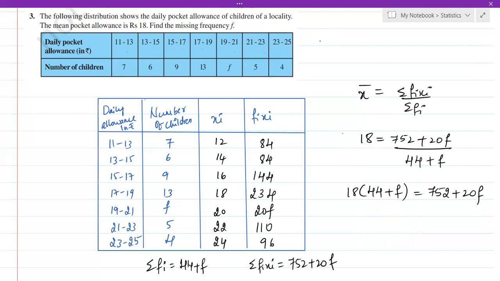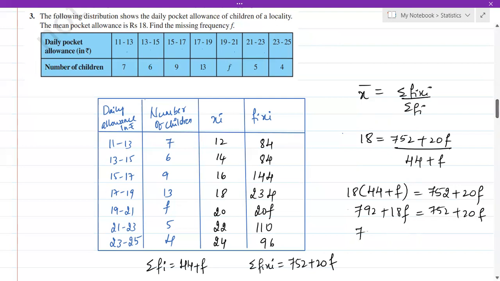So 18 into 44 is 792. So 792 plus 18f is equal to 752 plus 20f.